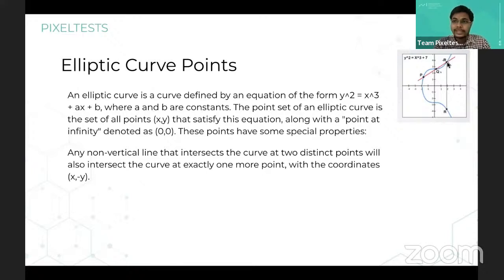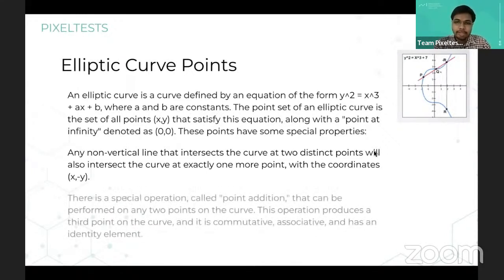So, for example, if a line intersects at this particular point, it will also intersect on the other side at x comma minus y. We'll understand this by an example.